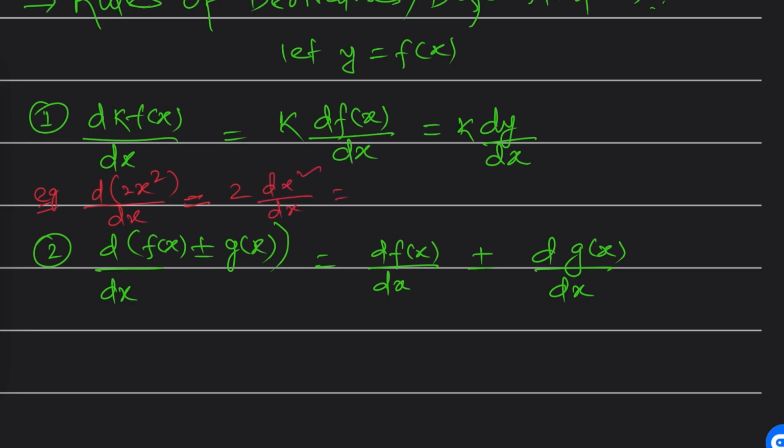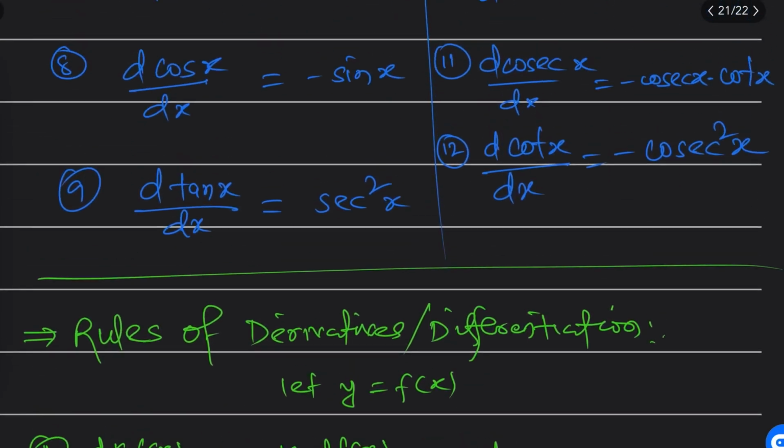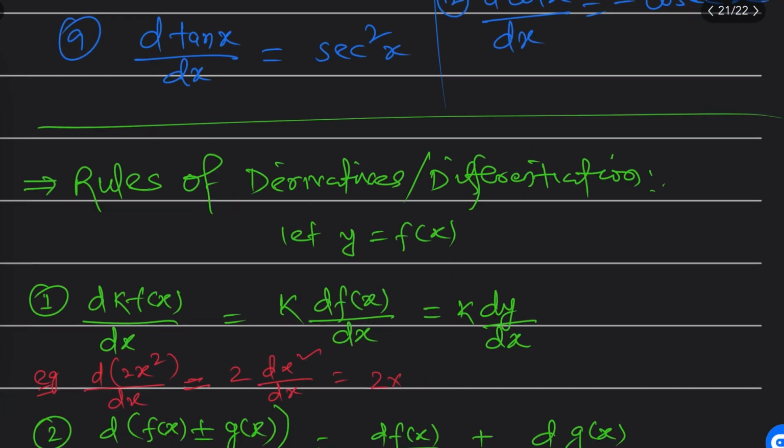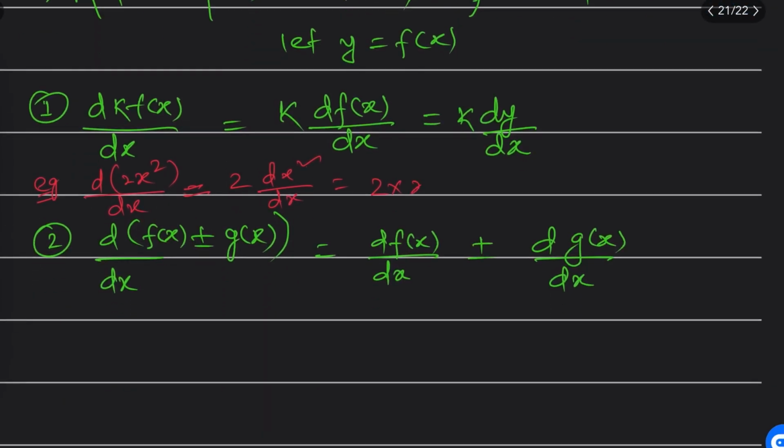Which formula do we apply here? x power n, whose differentiation is n x power n minus 1. Here n is 2, so 2 into x power 2 minus 1, which is 1, so it is 4x. So 4x is the answer for the differentiation of 2x square.